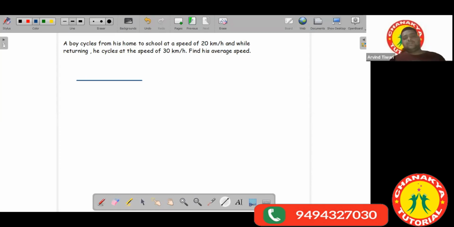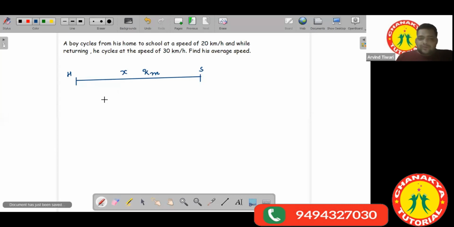So you have this distance. The student starts from home to school. Let the distance be X. Since the distance here is not given, we say that the distance is X kilometer from home to school.